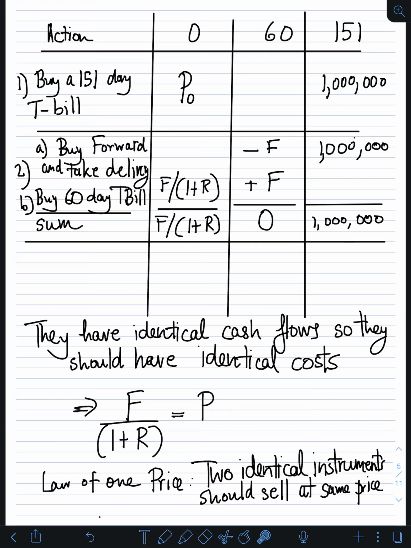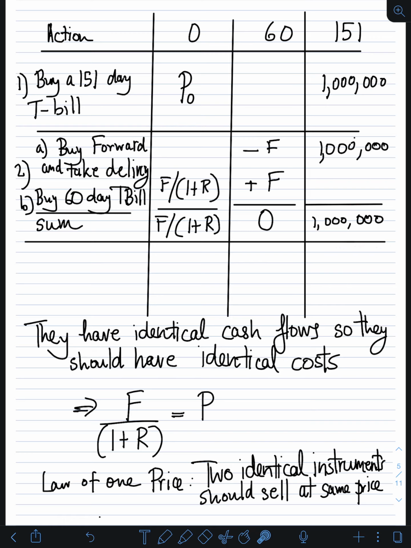Now this value F is valued today at a price of F divided by 1 plus R. The total amount you needed to pay today is F divided by 1 plus R. If you notice, the final cash flow is still the same amount. It's still that same $1 million.